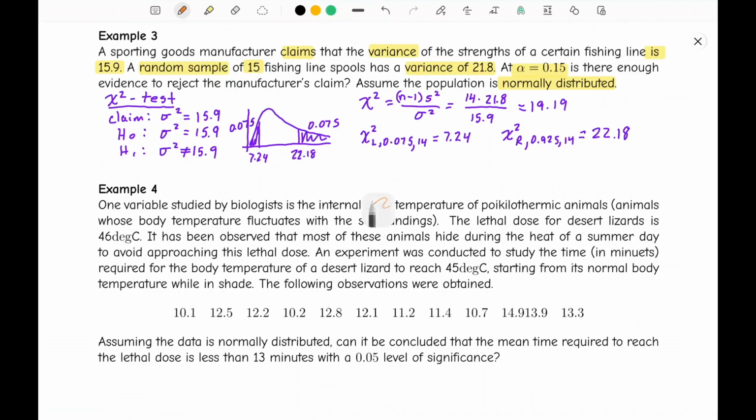I then plot my test statistic, which is 19.19, which is right there. It is not in the rejection region, so our decision is fail to reject the null.